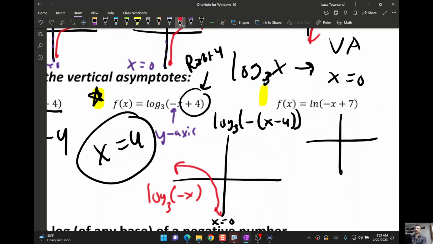So on this one, natural log of x would have a vertical asymptote at x equals 0. If you flip it over the y-axis, the vertical asymptote is still at x equals 0. And then normally this would mean shift left, but since I reflected over the y-axis, this is actually shift right. So if I move this whole thing right 7, the vertical asymptote is going to move 7.